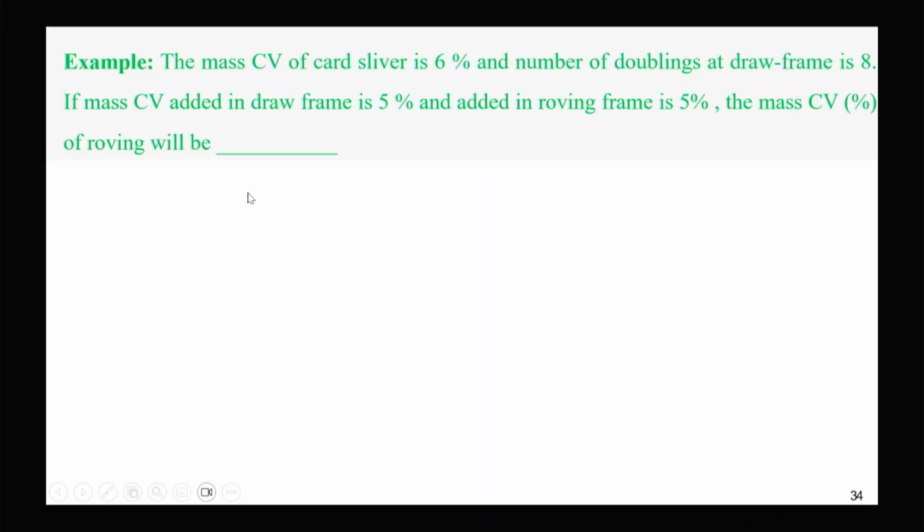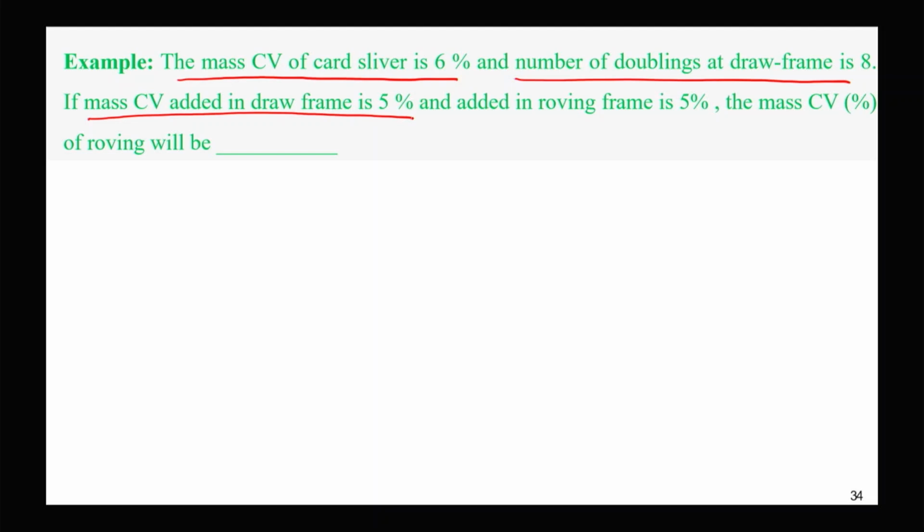To continue with this, our next numerical is that the mass CV of card sliver is 6%. The number of doubling at the draw frame is 8. The mass CV added at the draw frame is 5%, and added in the roving frame it's again 5%.